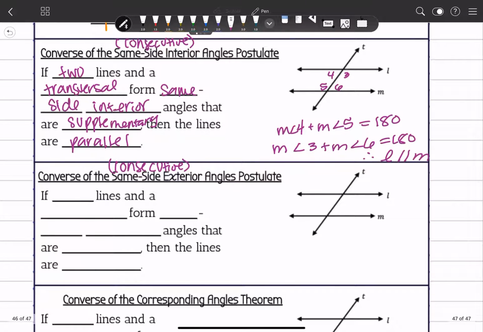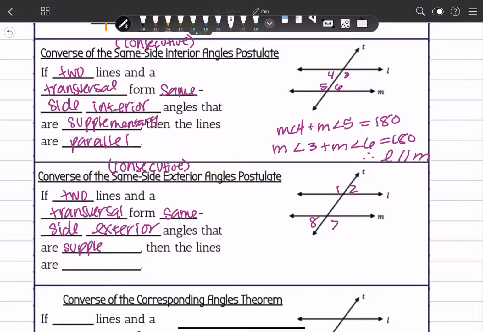So with that same concept, we're going to go ahead and do the same side exterior angles or consecutive exterior angles. So again, it's the same exact stuff right here.